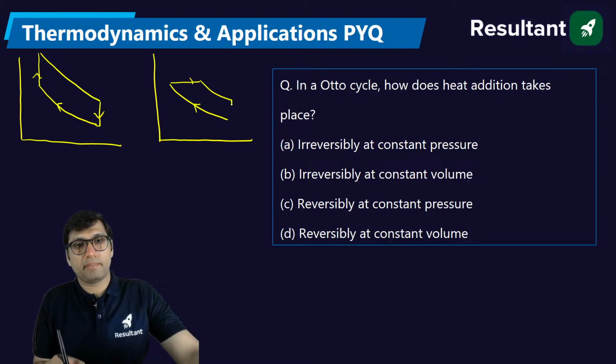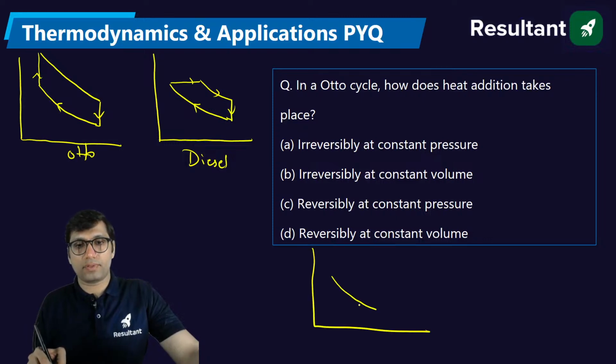Only this is the major difference between the three cycles. Dual is very simple because it is just a combination of the heat addition that you do in the Otto and diesel cycles.